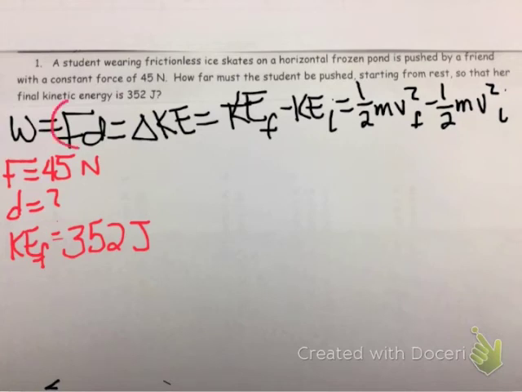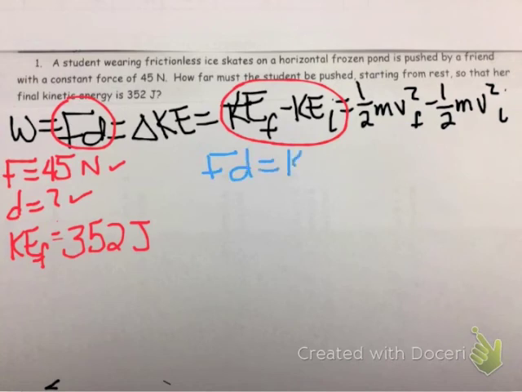Right here, we have force times distance, so we know we're going to need that, in between two equal signs. Let's find something else in between two equal signs. Look right here, we have KE final and KE initial. So let's put these together. FD, force times distance, is equal to KE final minus KE initial.